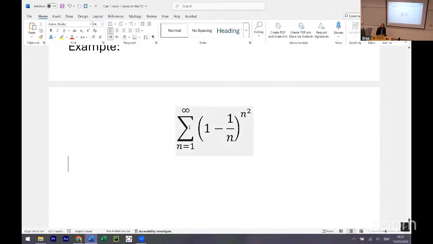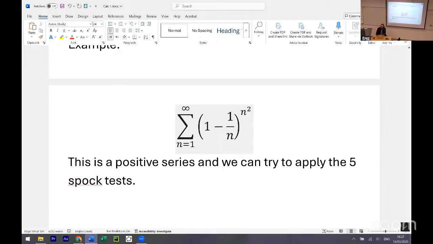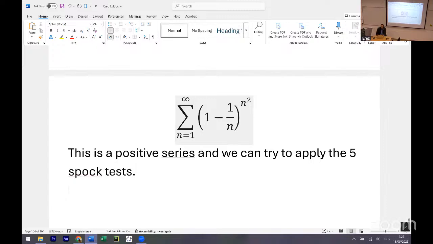So we take this series, it's a positive series, and we can try to apply the tests. We only learned three of them, and this is an example for the last one. Calculate the limit of the root.